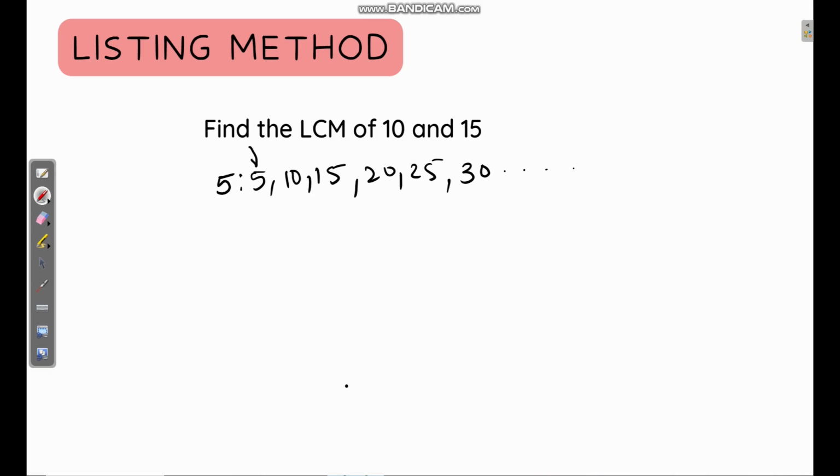These are the multiples of 5. If I take another example, let's find the multiples of the number 2. They are 2 into 1, that's 2, 4, 6, 8, 10, 12 and so on. So now we know what multiples are.